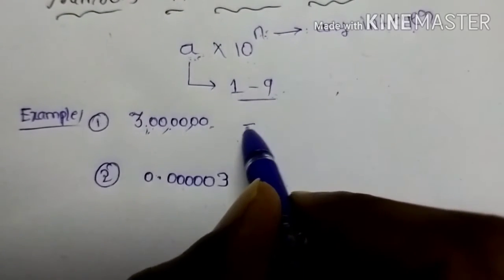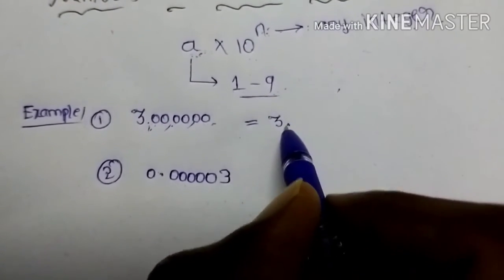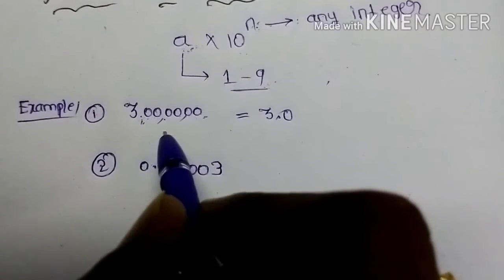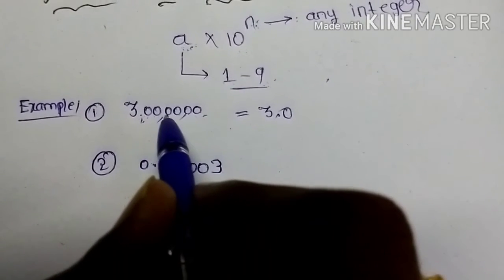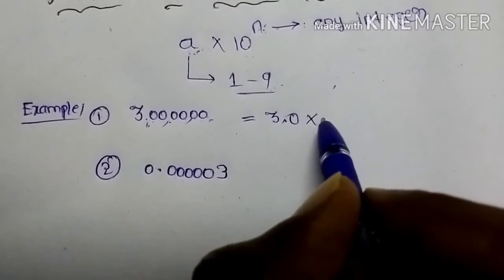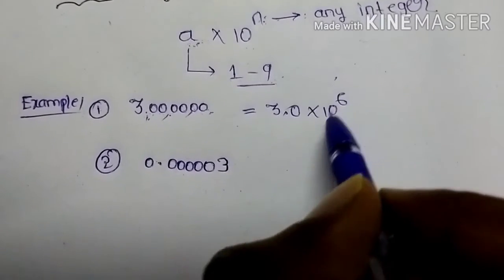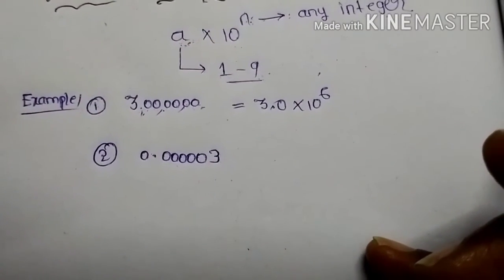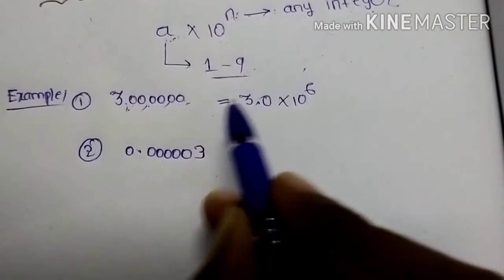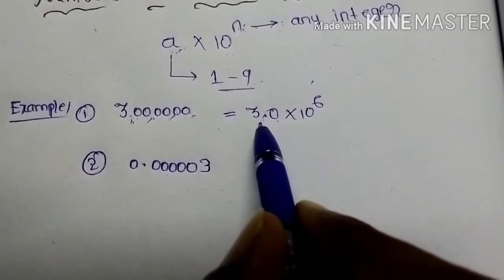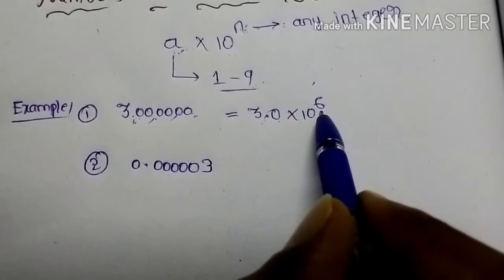You can write here 3.0, that means 3.0 into, how many zeros are available? 1, 2, 3, 4, 5, 6. Into 10 power 6. This is your solution. 3 into 10 power 6. Instead of 3.0, you can write 3 into 10 power 6 also, no problem.